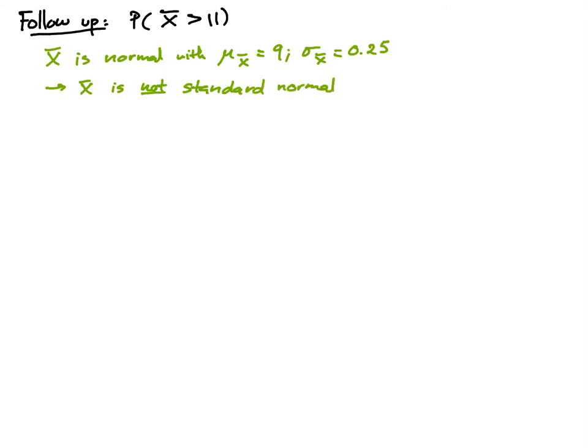If it's not standard normal, to find the probability that x bar is greater than 11, the first thing you want to do is standardize. We standardize by subtracting the mean and dividing by the standard deviation.